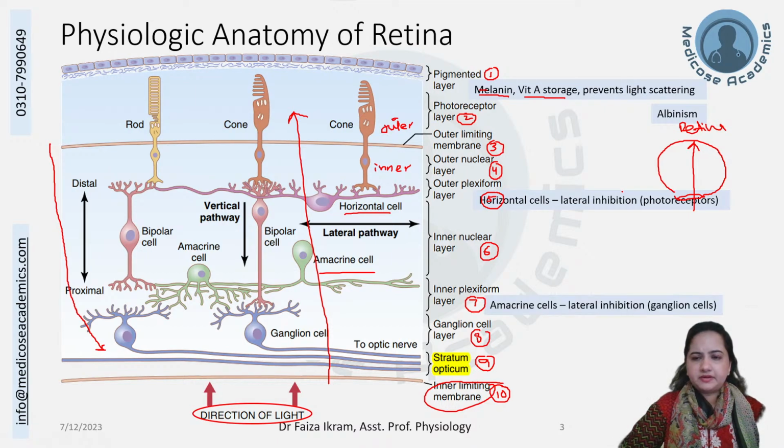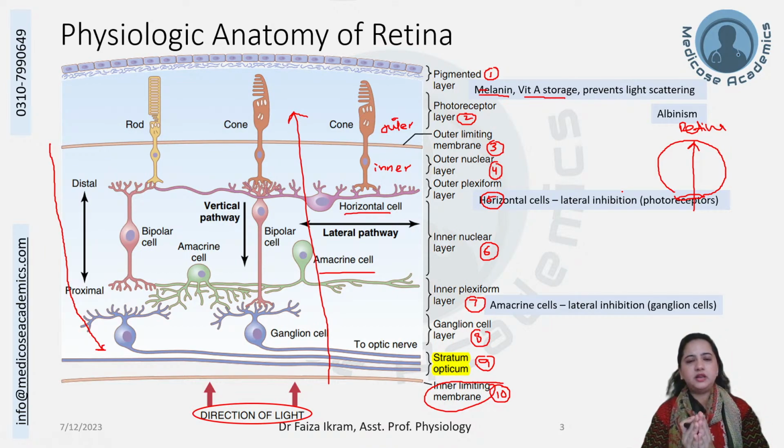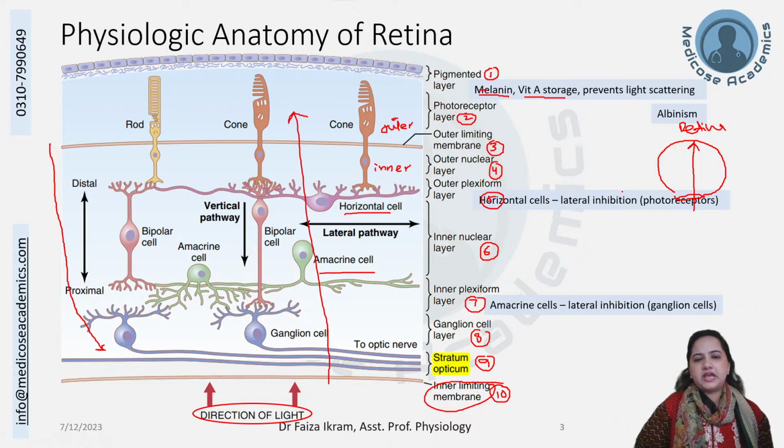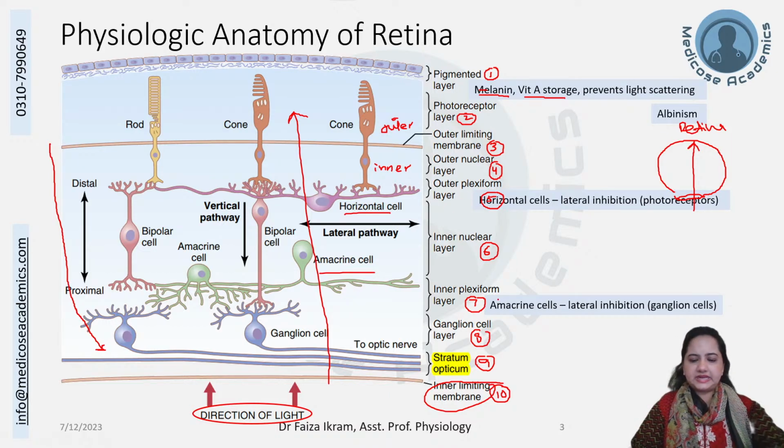Horizontal cells and amacrine cells are both responsible for lateral inhibition, as we have seen in sensory physiology and motor physiology. To sharpen a signal, the neighboring areas are inhibited by lateral inhibition. In the outer and inner plexiform layers, the cells responsible for this lateral inhibition are the horizontal cells and the amacrine cells.